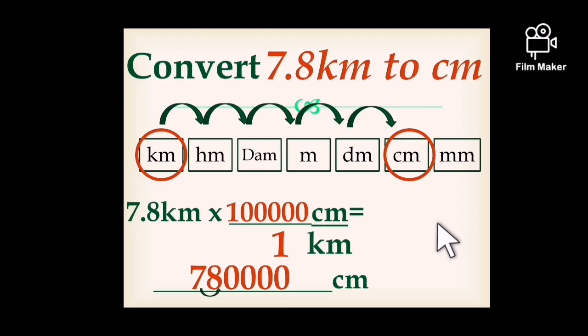So from the decimal point in 7.8, we have 5 zeros. So let us move the decimal point 1, 2, 3, 4, 5. So the decimal point is now doon sa likod ng 0. So that is 780,000 centimeter.